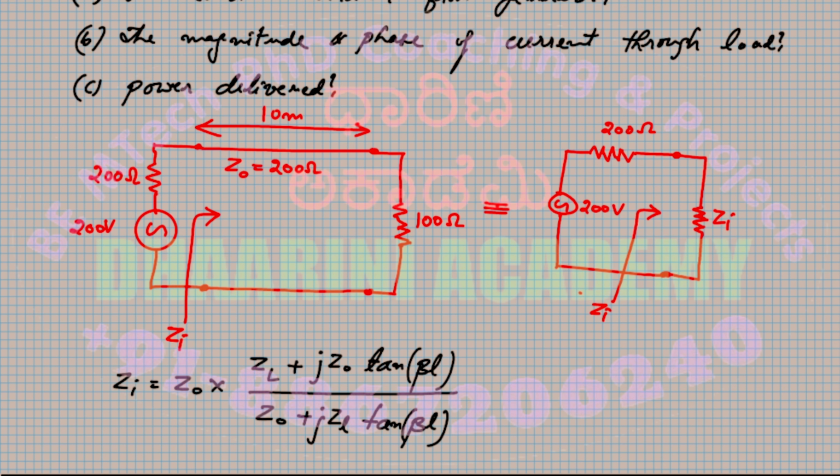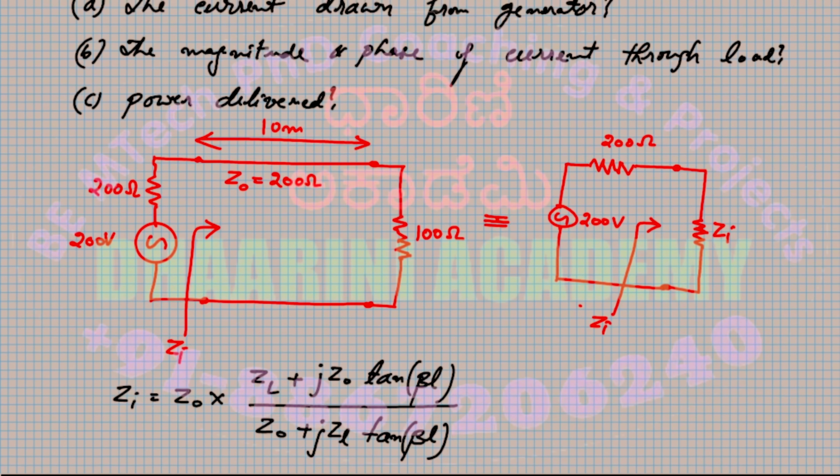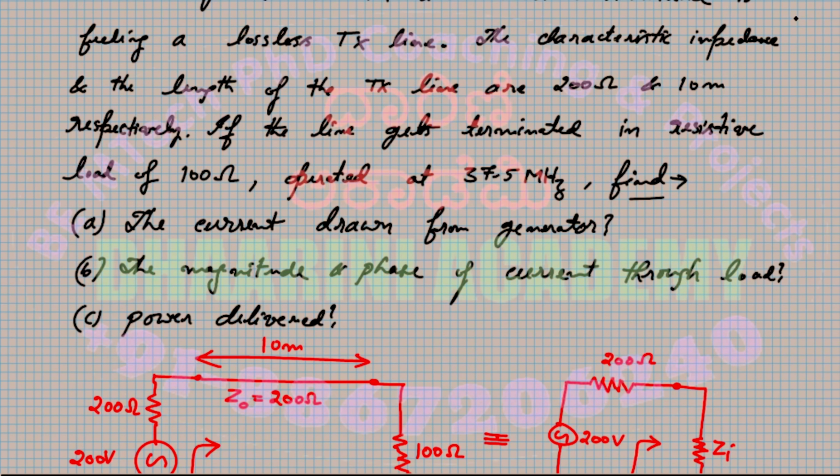Otherwise, the ZI equation is slightly different, with gamma coming into the picture. But since the question mentions that the line you are considering is lossless.